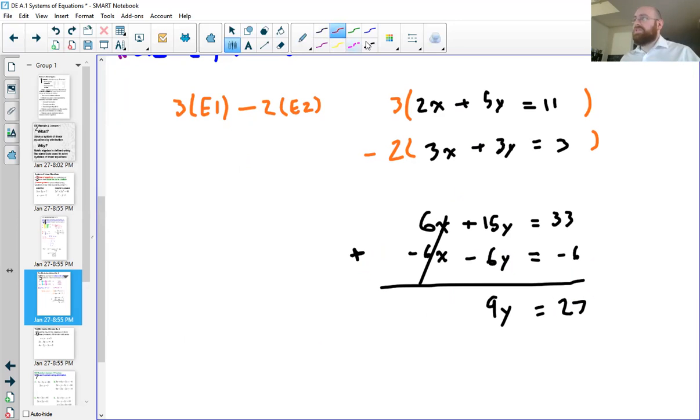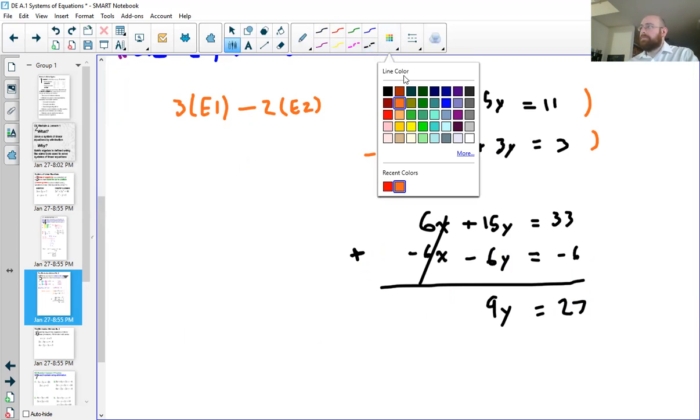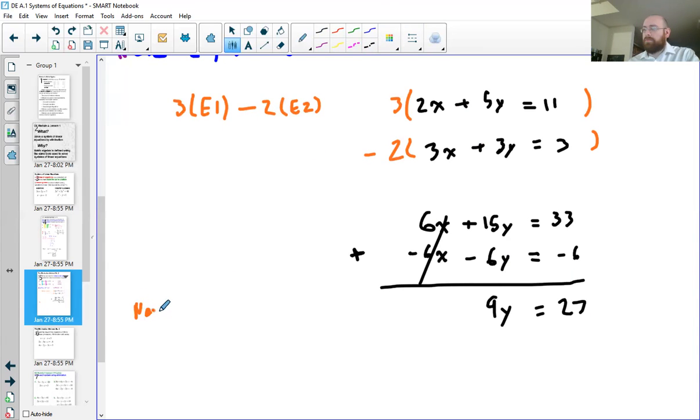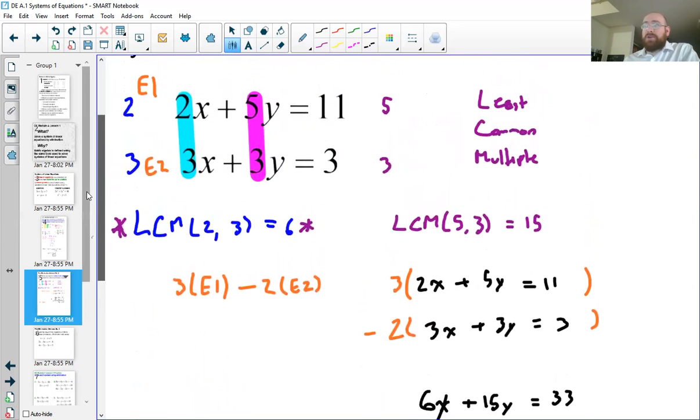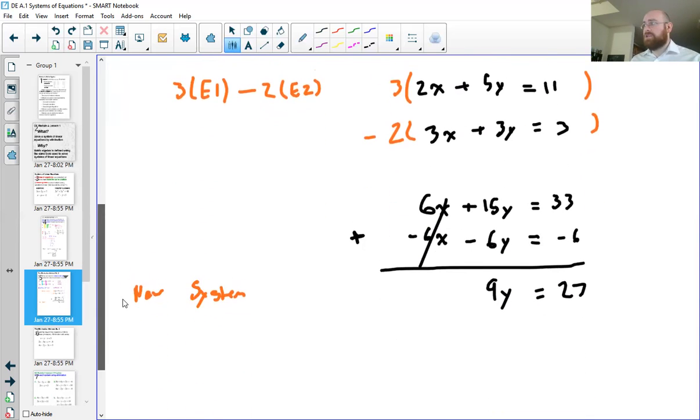So our new system, I could honestly keep either equation. I want to keep the one that has the smaller coefficient because I like to have smaller numbers to work with. So our first equation, E1, isn't going to change.